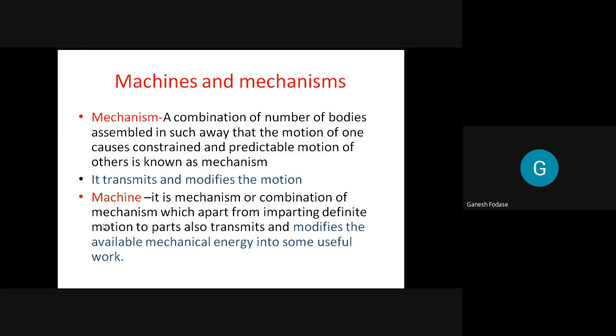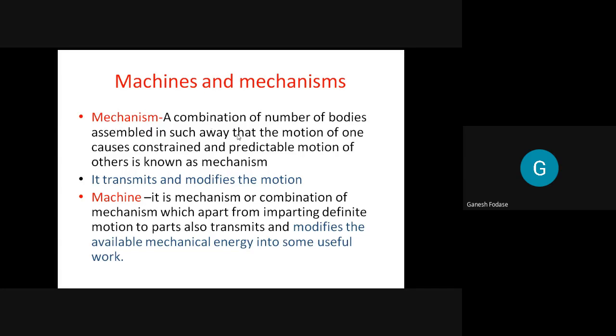So we know that when we talk about machines and mechanism, what mechanism is basically, a mechanism is nothing but a combination of number of bodies, or you can say links, assembled in such a way that the motion of one causes constrained and predictable motion of other link is known as a mechanism.